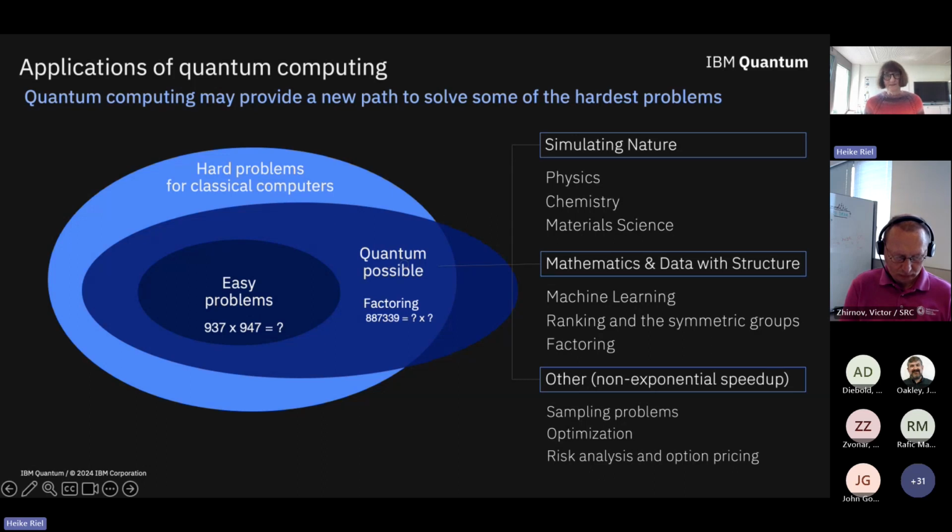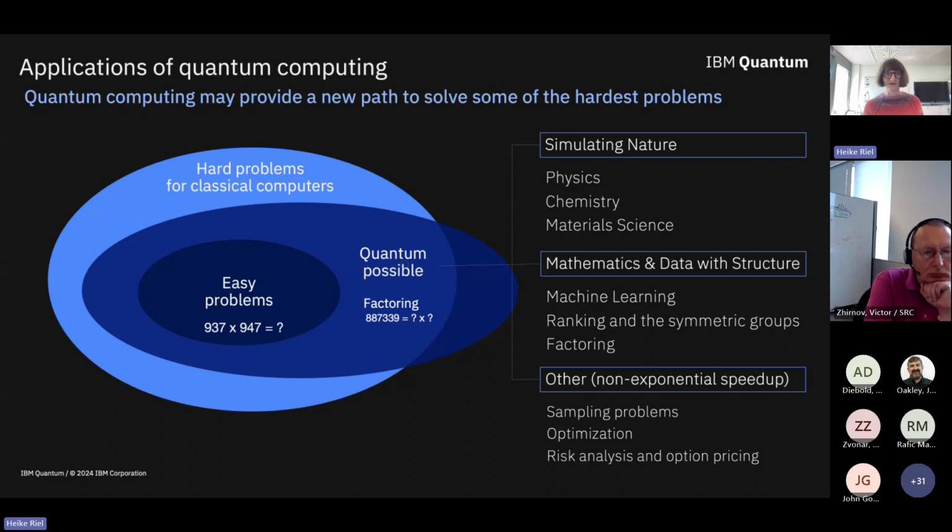There are more problems where quantum computers can provide an advantage, in particular by simulating nature. These are problems where quantum mechanics makes your problem exponentially increase in complexity. And the quantum computer uses the same physics as in nature.